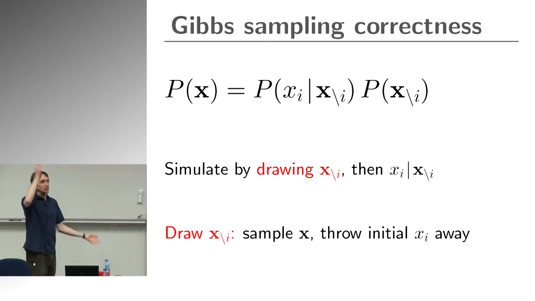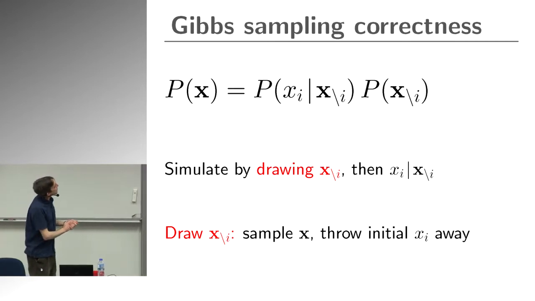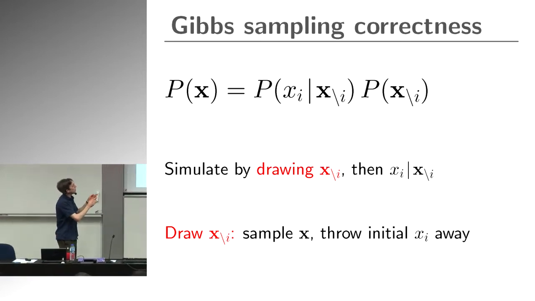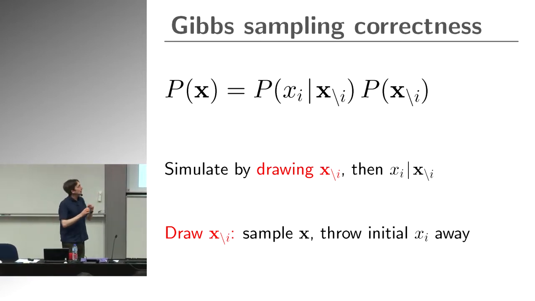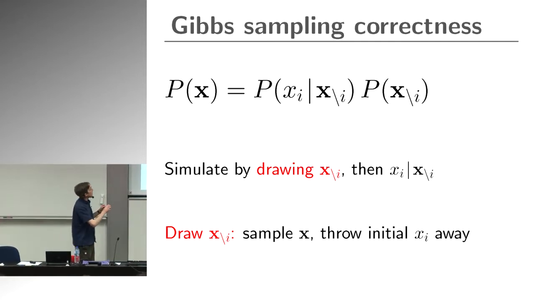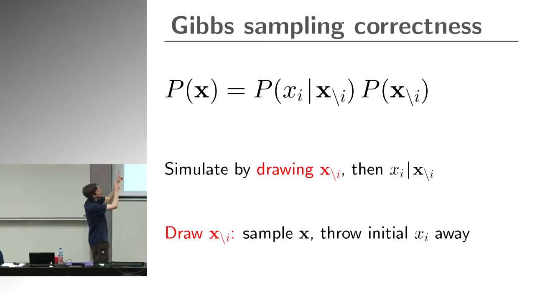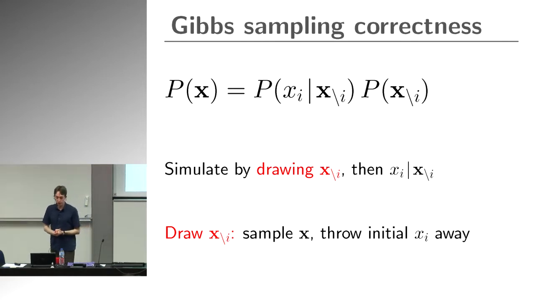X here is a big vector over 100 spins or 100 parameters. And we can factor, using the product rule, that joint distribution into the probability of one variable and the probability of all the other variables. So we could first sample all but one of the variables, and then we could sample the final variable given those. And that would be a valid way to sample from this distribution.